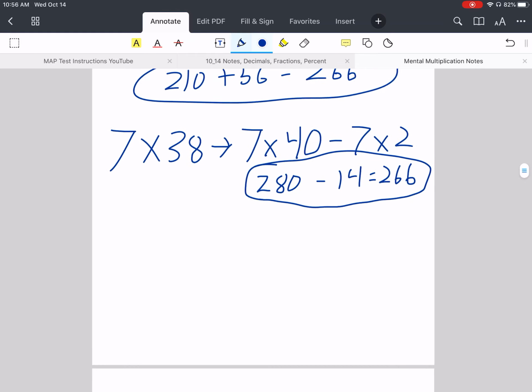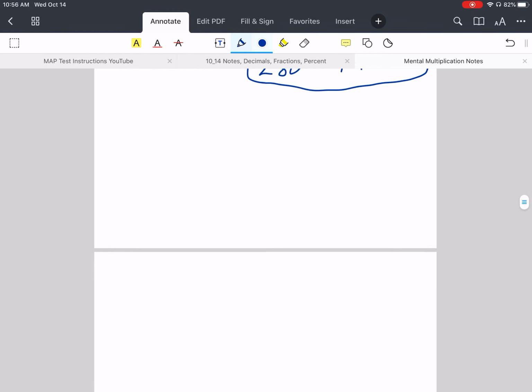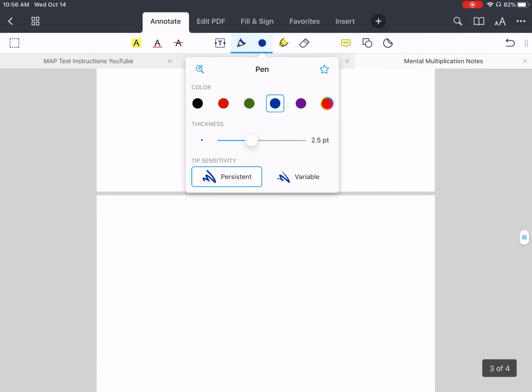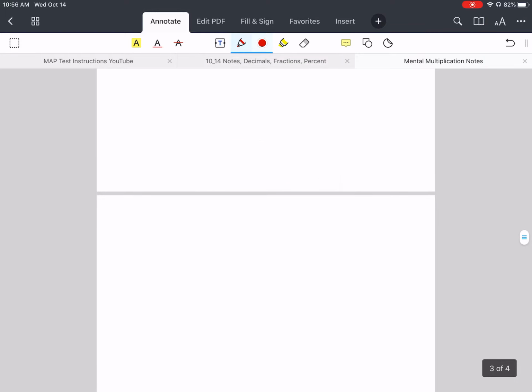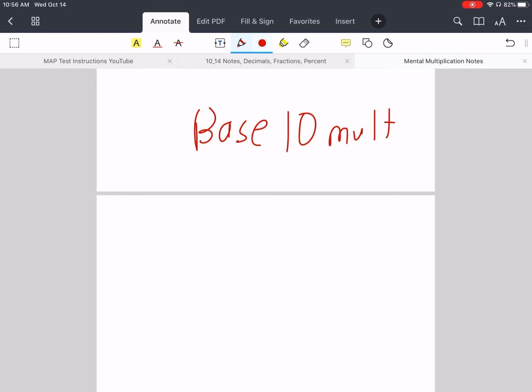Okay, these ones are a little more complicated, and I'll bet that some of you have never used this trick. So this is called base 10 multiplication. And this is still a trick that you can use mentally, but I'm going to write out the steps.